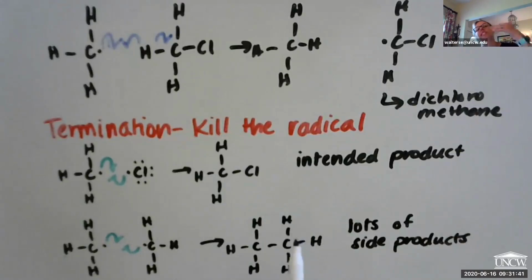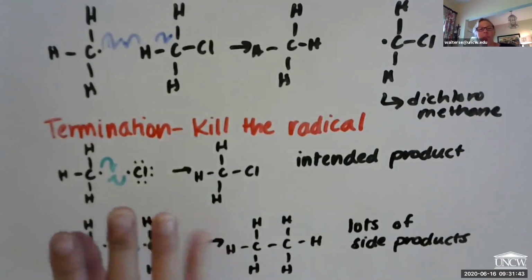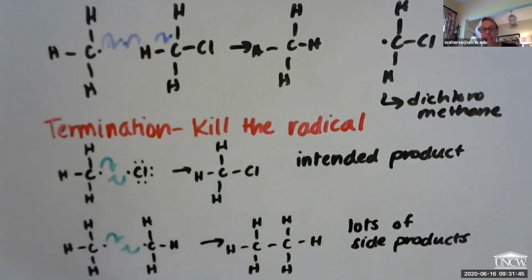So if you see a radical step, you need to be able to classify it. This is a termination step, this is propagation, etc. Are there any questions about that? The types of steps involved?